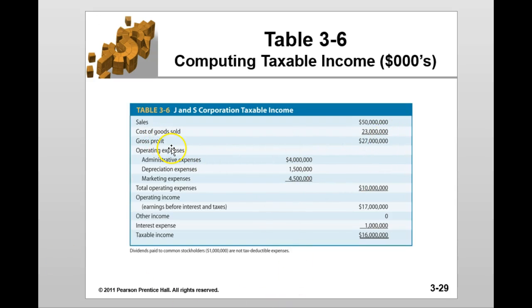Here's our operations. Here's our operating expenses. Here's our operating income. Here's our financing here, and that gives us the taxable income. And that concludes most of the overview of Chapter 3. I shall see you when we go over the assignments. Okay? Thank you.